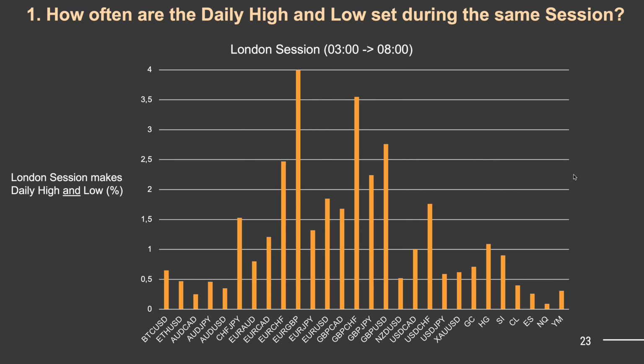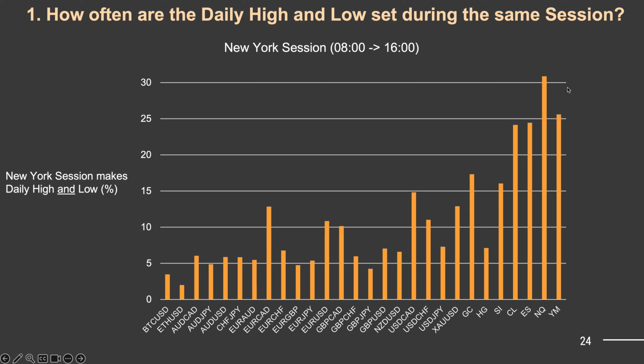And the New York session, to finish that, we see that US futures during the New York session have quite a huge probability to make at the same time the high and the low of the day. This comes with the belief that New York is much more volatile, there is much more movement during the New York session than the other sessions.